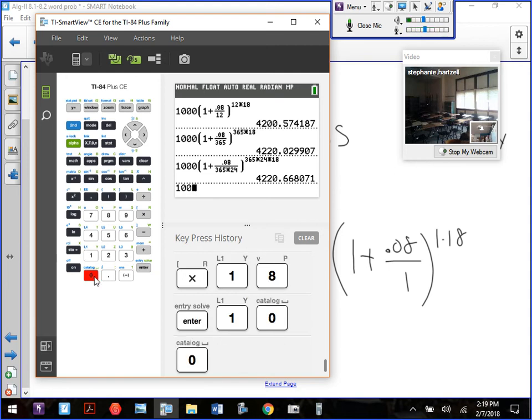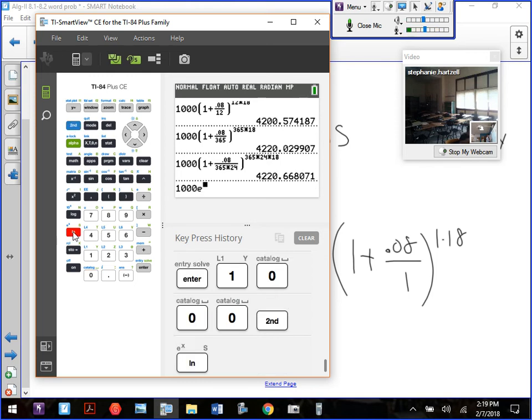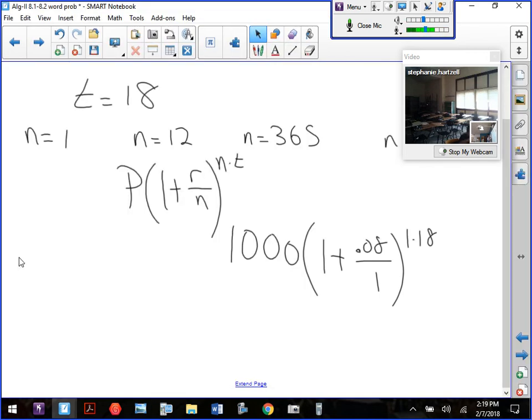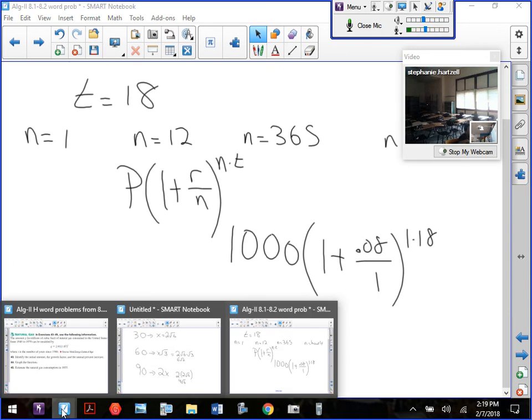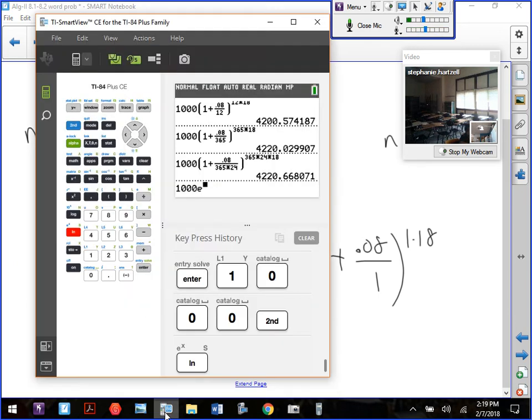1,000 e is right here. E is the button that you hit second ln, the natural log. And now it goes up there. What was our rate for this problem? 0.08.